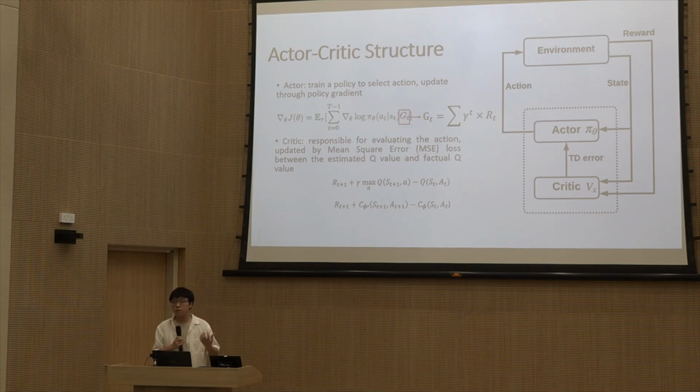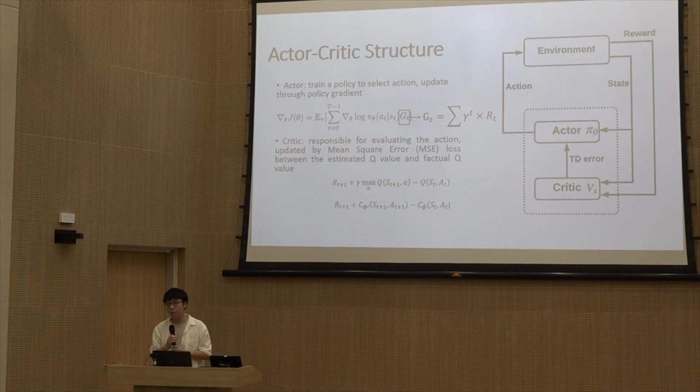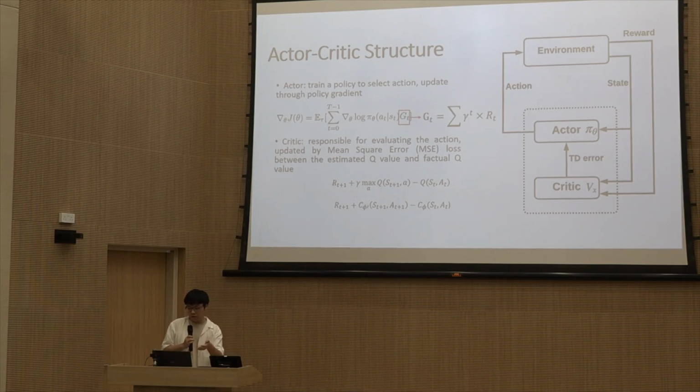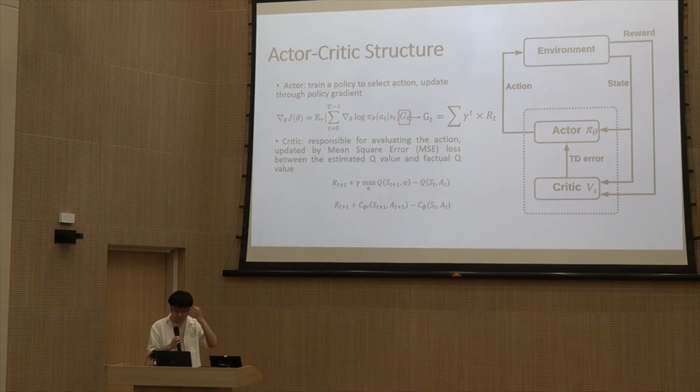So why we say that this kind of strategy can solve the continuous action problem is because in this kind of structure, the action becomes a distribution. So the actor network does not just output a value of action. It outputs the distribution of the action, and we select the action from this distribution.